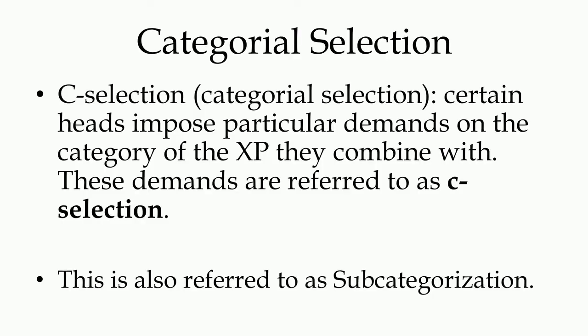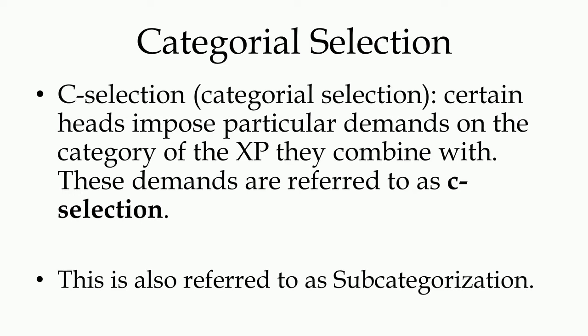Now, while understanding some of these restrictions further, we would want to look at some more in terms of selectional restrictions, and even before that we want to look at something called categorial selection. And now we are moving to predicates and some of the restrictions that predicates follow in order to construct a predicate.